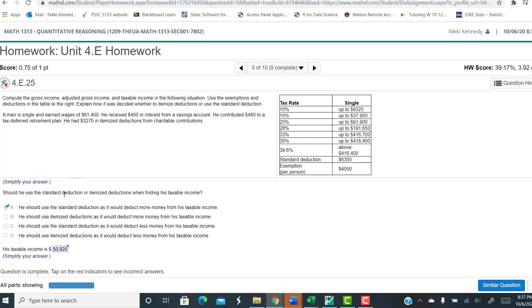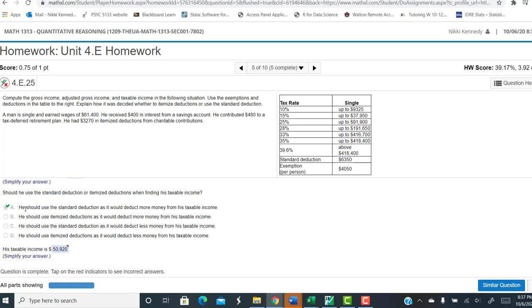When I get down here, I have a question. Should he use the standard deduction or itemized deductions when finding his taxable income? It shows you that he had $3,270 in itemized deductions from contributions. So he donated to some charities, and you're able to deduct that on your taxes. Now, based on the table, we notice that everyone has a standard deduction of $6,350.